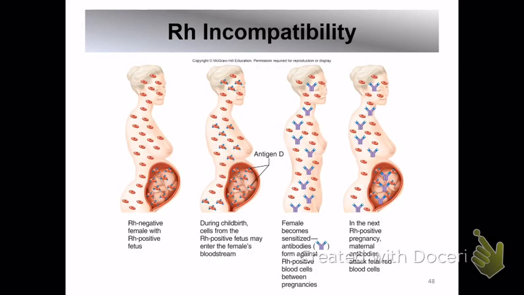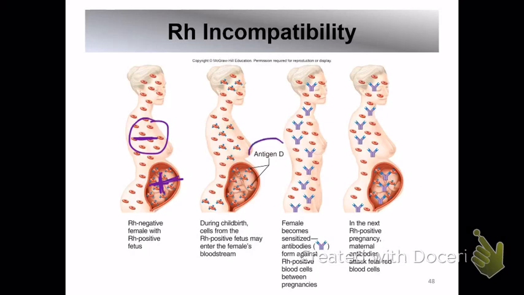But here's what happens. If she's pregnant and she is Rh negative, so I'm going to put a negative sign in purple on her face because you want to remember the story. If mom is negative and baby is positive, the baby's blood and the mama's blood don't mix. So if mom is negative and the baby is positive, that's fine. It got the positive from the daddy, the sperm donor.